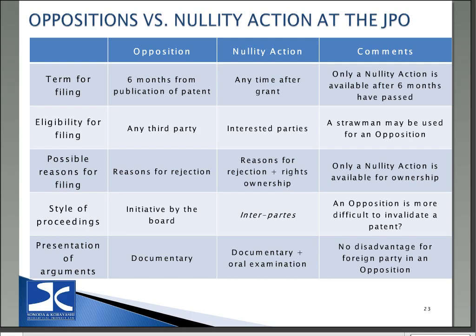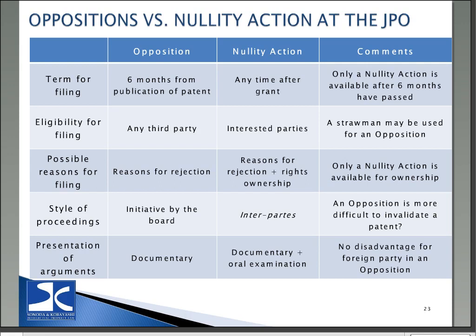Therefore, as I explained already, you can use a straw man for opposition, but you must disclose your name for nullity action. And the reasons for filing are almost the same, but nullity action has one more reason, which is the right of ownership.